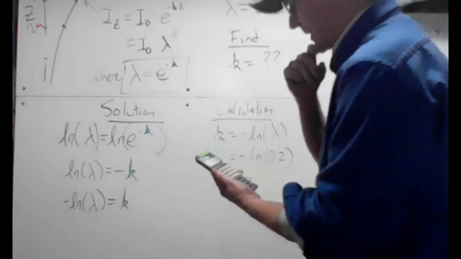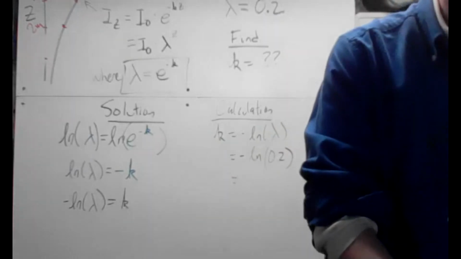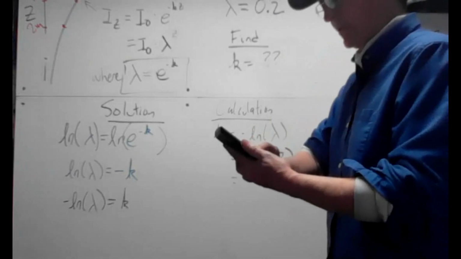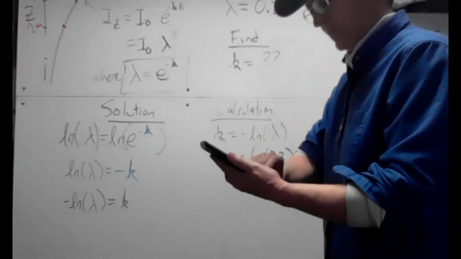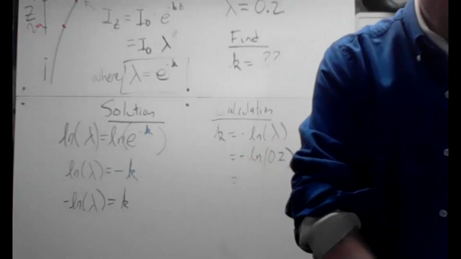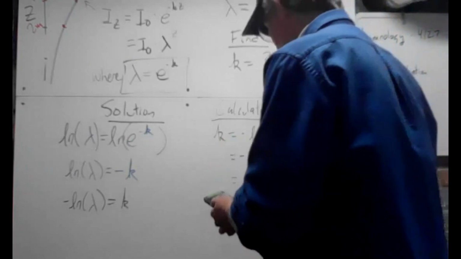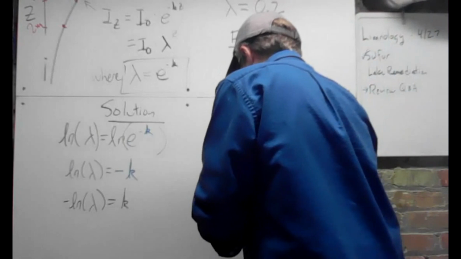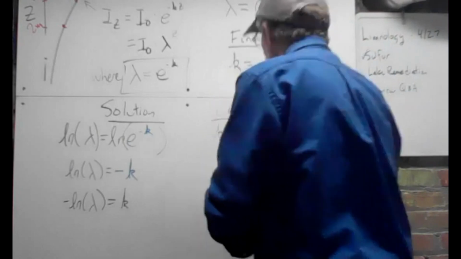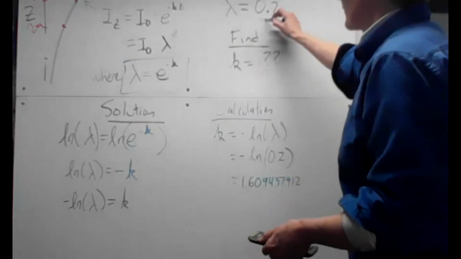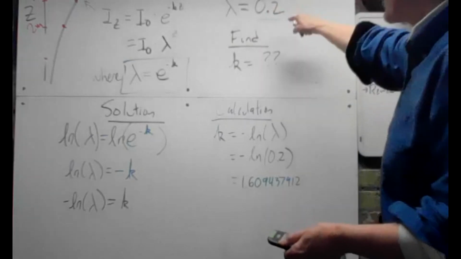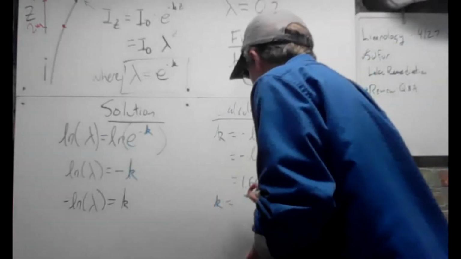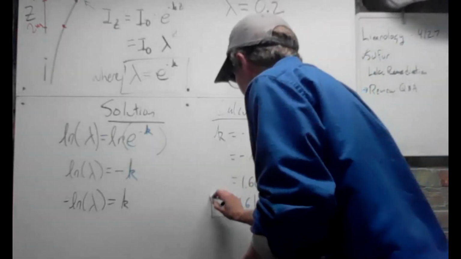Get rid of the negative sign. Did I do that right? I get an answer of 1.609437912. We started out with 1 or maybe 2 digits of precision. I'm going to say my maximum is 2, so there's my answer.